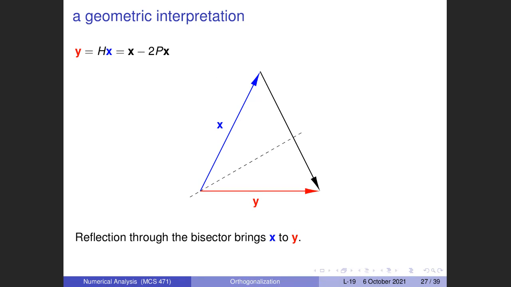This corresponds to taking any vector x. So x consists of two numbers, which I will indicate here with stars. The two coordinates, the stars, are both non-zero. And here we go to the vector y, and this is the vector star 0.